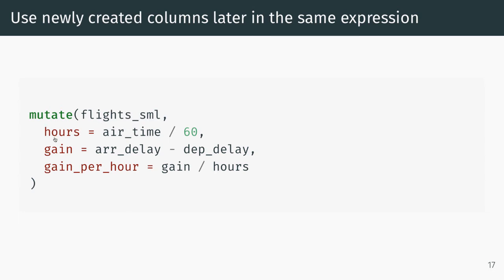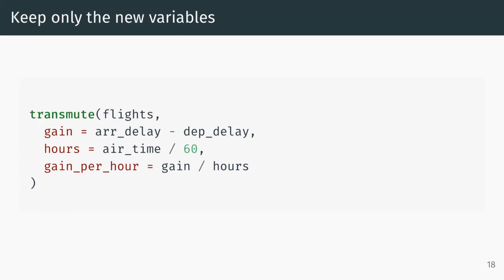The parser is going to read left to right, top to bottom. And instead of mutate, I can say transmute if I want to just keep the new variables. And of course, again, this doesn't do anything to your original data set. It's just if you want to save it as a new data set. Or you can always save and overwrite the original data set too.